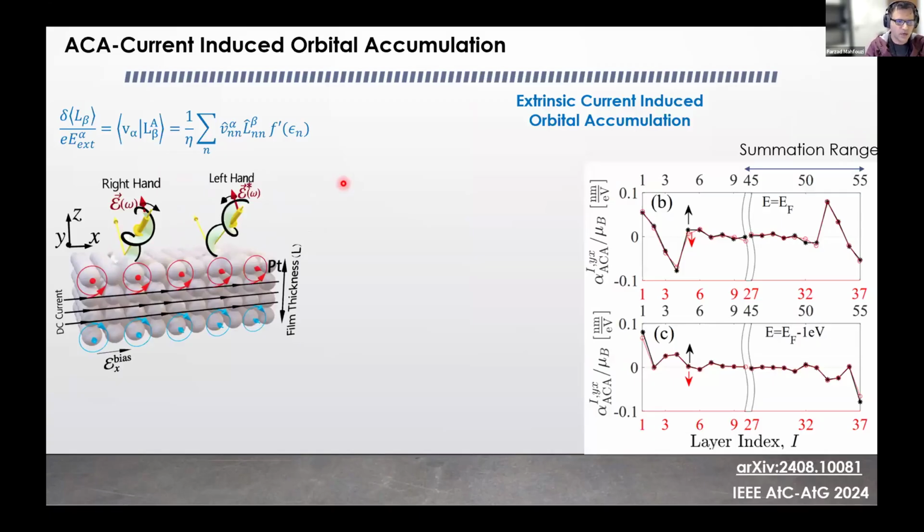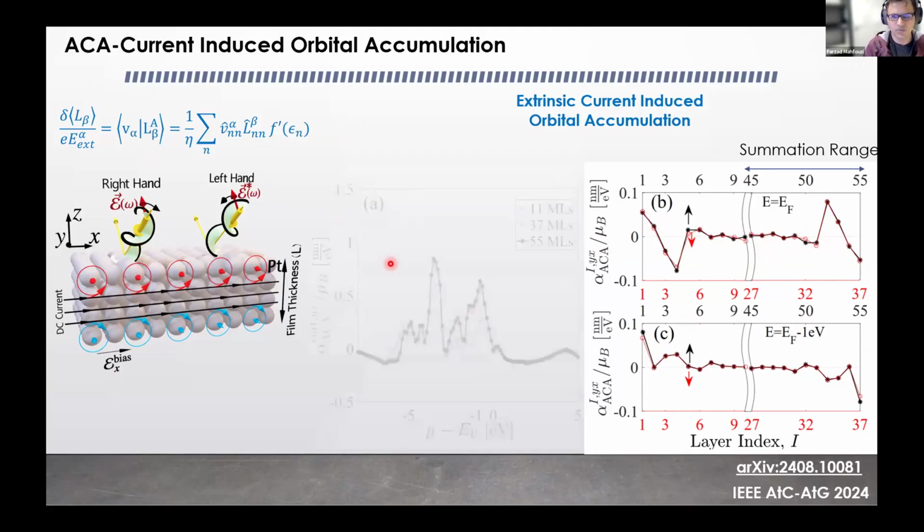First, we are showing the atomic center atomic orbital moment due to the current. Here is the layer resolved at the Fermi level for two different cases of different thicknesses, 55 monolayers thickness and 37 monolayers and so on. Here you can see that there is atomic orbital accumulation, which we calculate using this Kubo type formula. On the opposite surfaces, you can see that it's opposite. It has to be, the net orbital moment has to be zero on these two opposite surfaces.